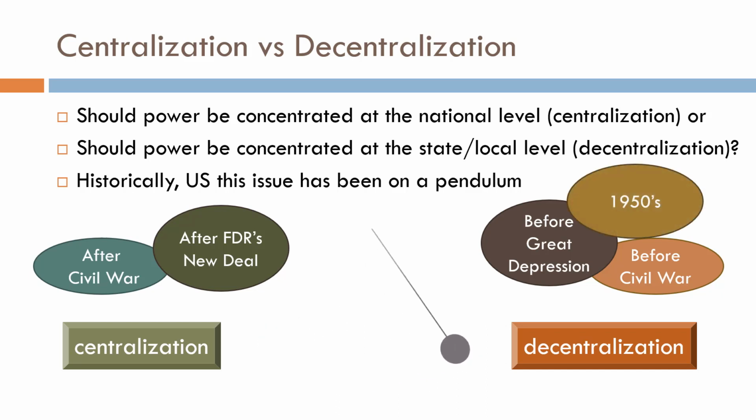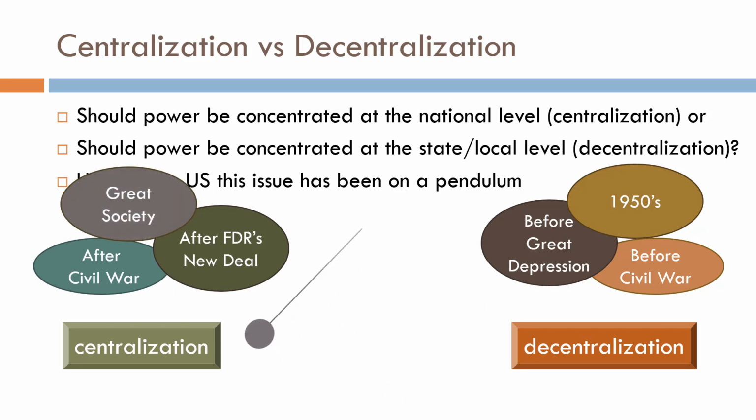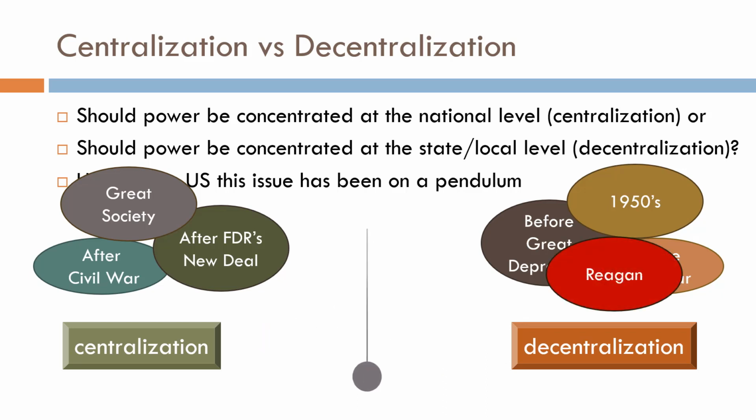And then in the 1950s, we swing a little bit more back towards decentralization. And then we have the Great Society programs of the 60s attempting to address civil rights and poverty, and then that was more centralized. And then we had Reagan.